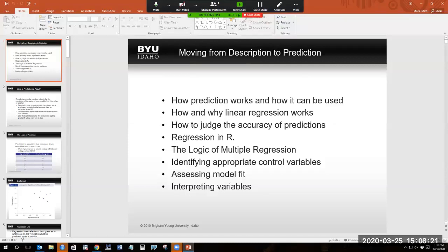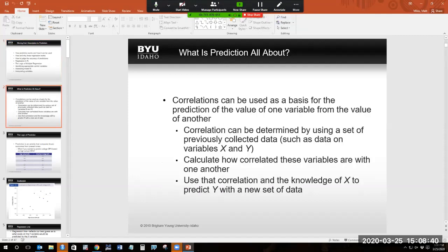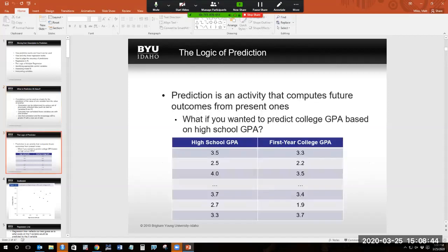We want to know, if I know something about one variable, can I make a prediction about the other variable? If I know the number of people who drown by falling into swimming pools, can I predict how many movies Nicolas Cage is going to appear in a given year? So it's not just about the relationship, it's about prediction.